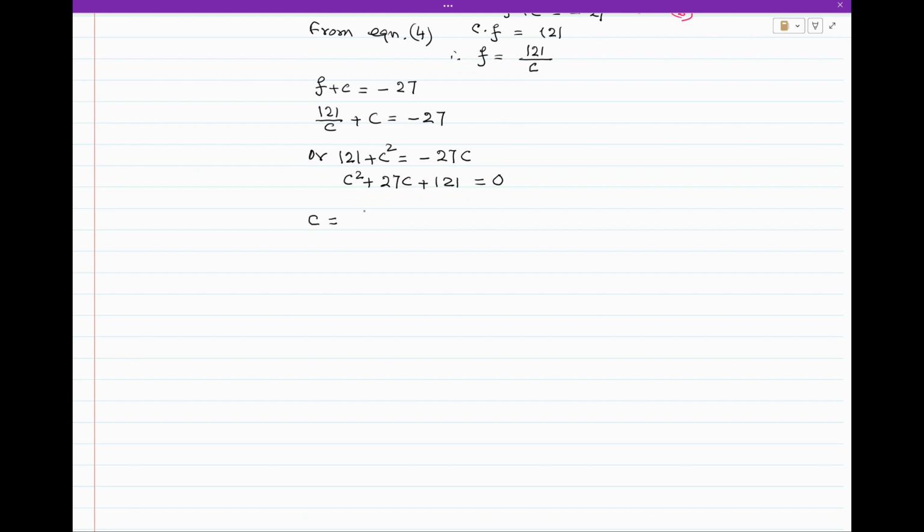This is a quadratic equation in C, and following the general solution to a quadratic equation, we get C is equal to minus 27 plus minus square root of 27 square minus 4 into 1 into 121, and whole divided by 2.